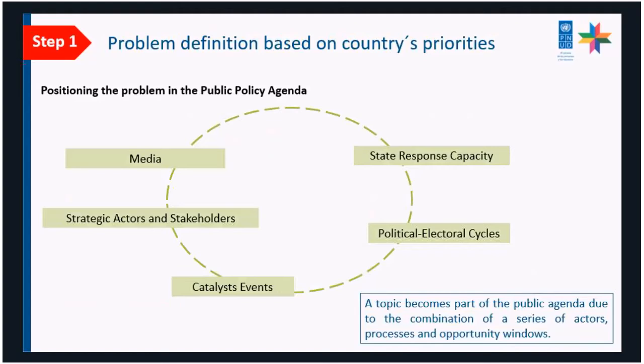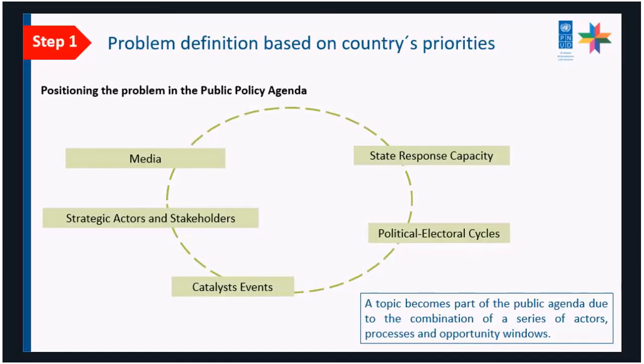Also, it's important to consider all strategic actors and stakeholders, as for example, which is the role of the public sector, the private sector, which NGOs are involved in the problem, which international organizations have done some intervention or have done some different strategies to tackle this problem, and also to understand which is the population that is affected and which is the level of power and influence that they have.